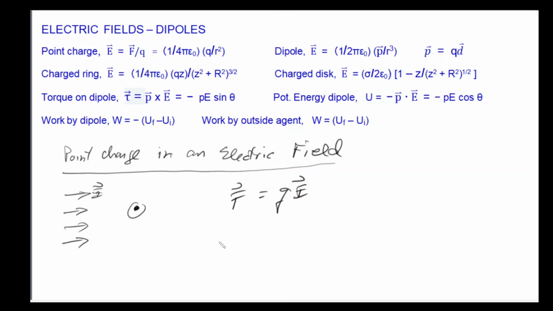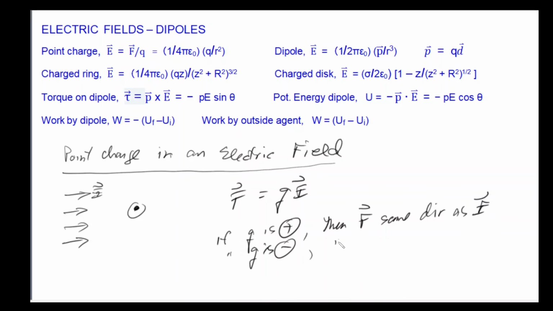And if Q is positive, then F, the force, is in the same direction as E, the field. And if Q is negative, then F is in the opposite direction as E.